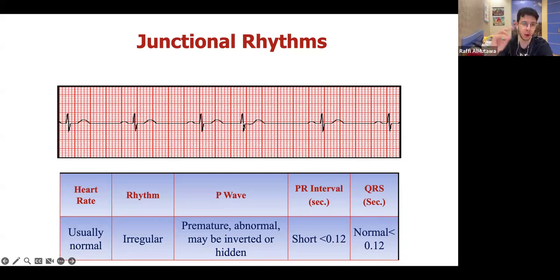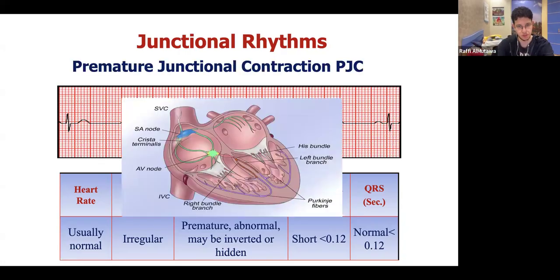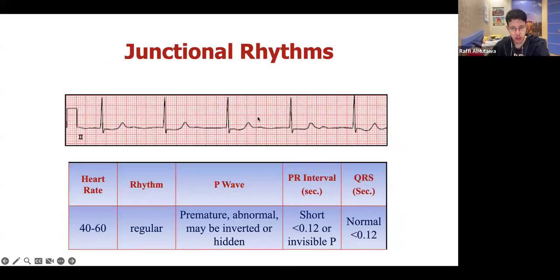Now we need to describe it. No P wave, normal QRS. This means it's junctional. So premature junctional contraction. Here in junctional rhythm, we said that the junction has normal QRS, no P wave. This means this is a junctional problem. And because this is at a heart rate of 40 to 60 beats per minute, we call it junctional rhythm.